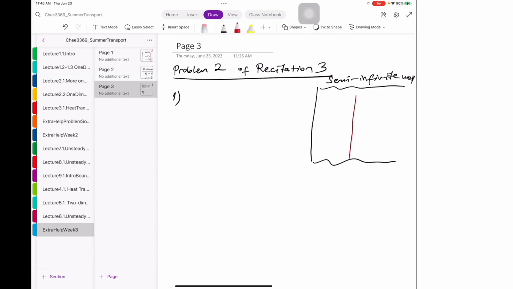If you do your shell balance, Qx at x, Qx at x plus delta x, as you did in the unsteady state heat transfer case, you get the same differential equation, del squared T over del x squared is equal to 1 over alpha del T over del t. The problem doesn't tell you to derive it. You can just copy it from your notebook. If the problem asks you to derive it, you should show your steps.